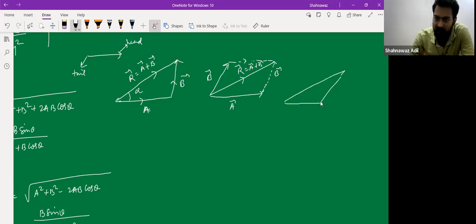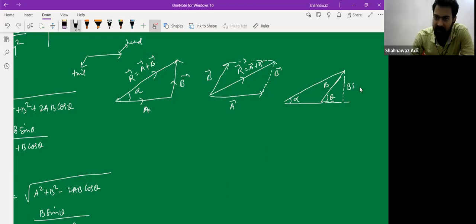And how do we calculate the resultant? So this is the alpha angle. This is the angle theta, right? And we draw a perpendicular at this point. So this is B, and this is theta, so this would be what? B sine theta.